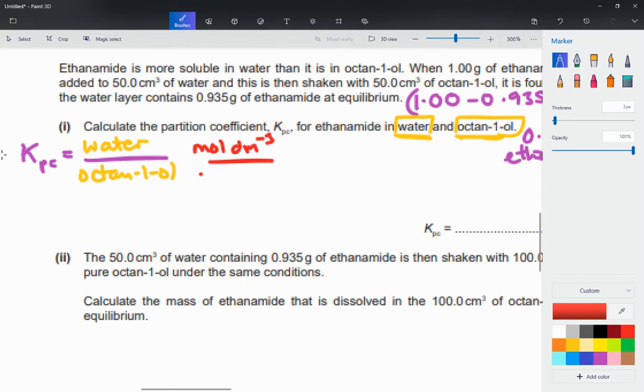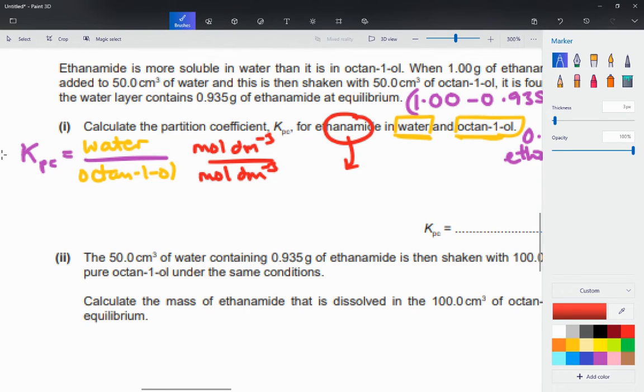And so you'd have an expression with moles per decimeter cubed here and moles per decimeter cubed here. Now, because you've got ethanamide, you might think, okay, what I need to do is work out the number of moles.